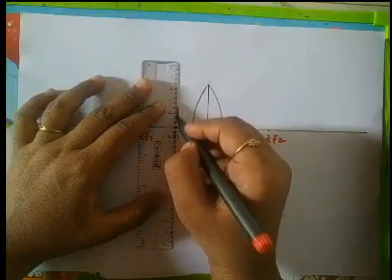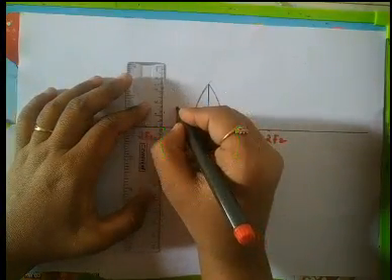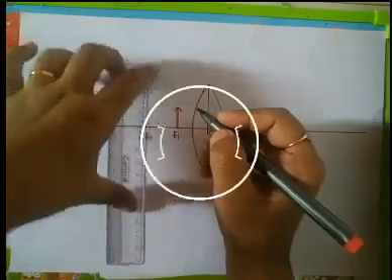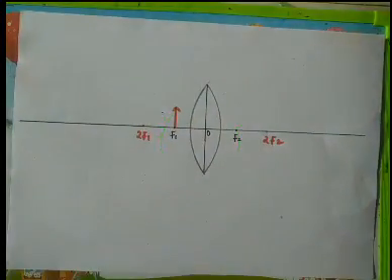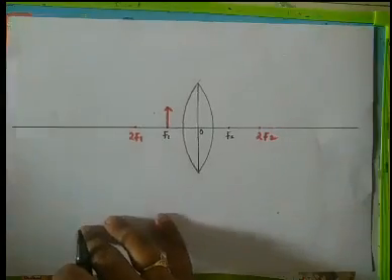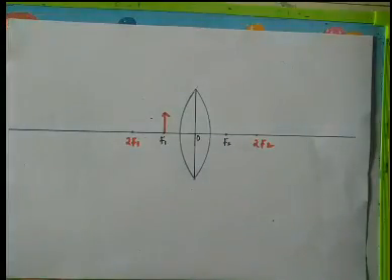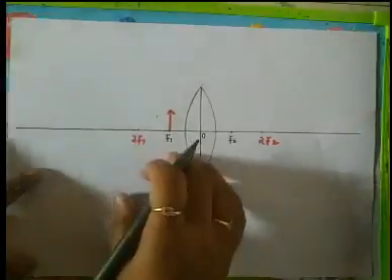So here is my object which is kept at focus 1. I need to draw a ray diagram for this to draw an image of it. So I'll first apply the first rule. Here let me write the position of the object first.